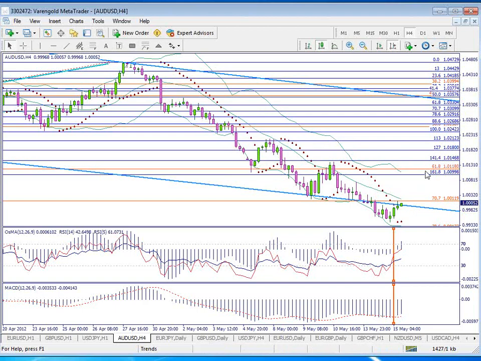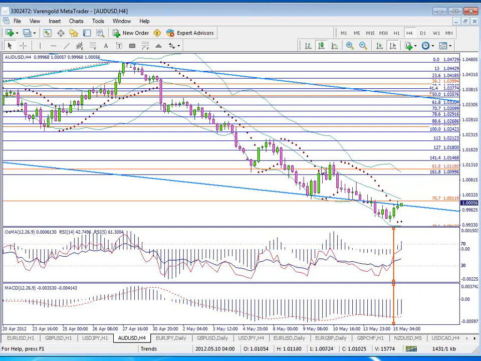So in this case, the pair just went under that 161 level, and I told you because it was that panic regarding the situation in Spain and in Italy. And as long as the Italian banks was downgraded, the pair just fell.